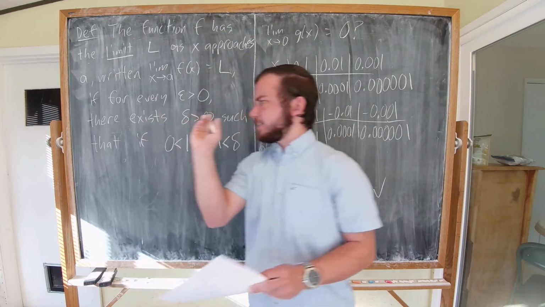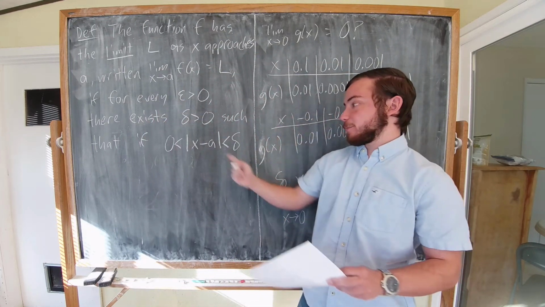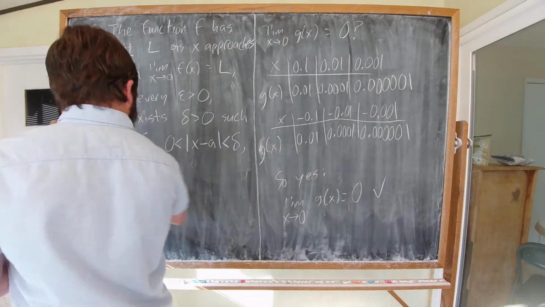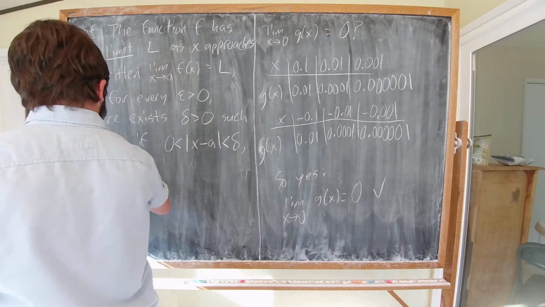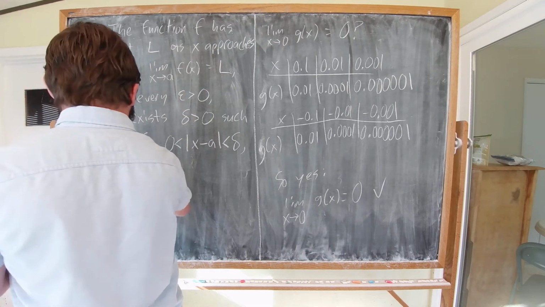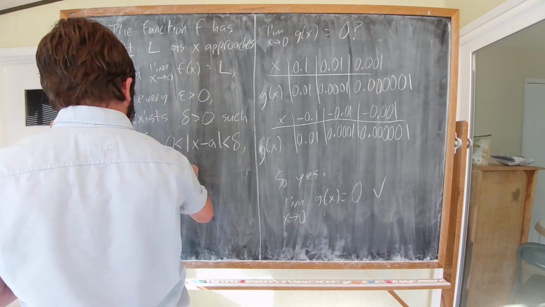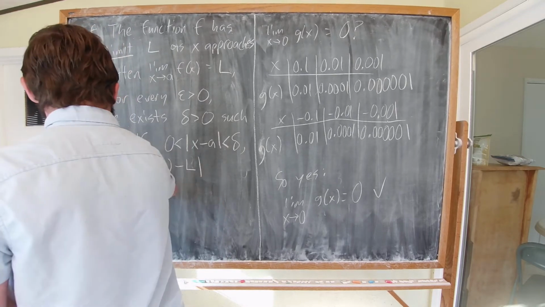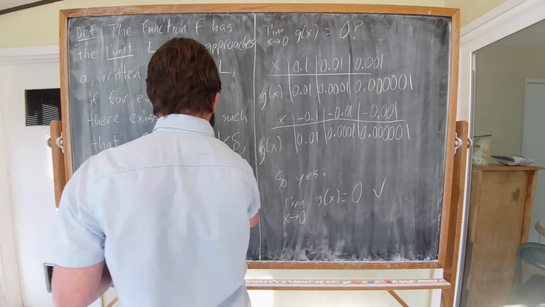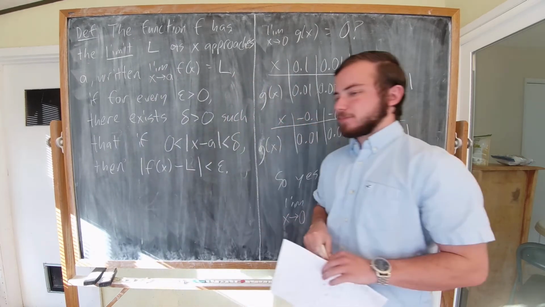So it's distance less than delta away from a, then the absolute value of f of x minus L, the limit, is less than epsilon.